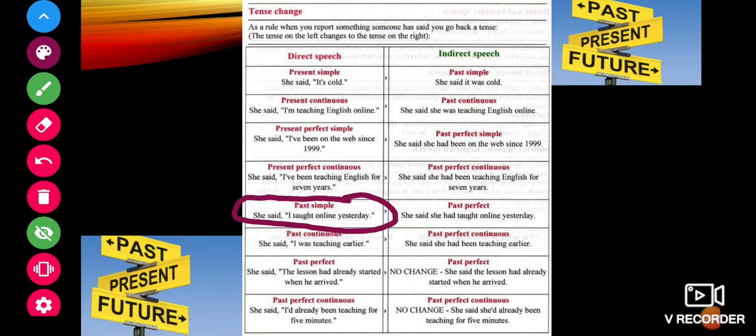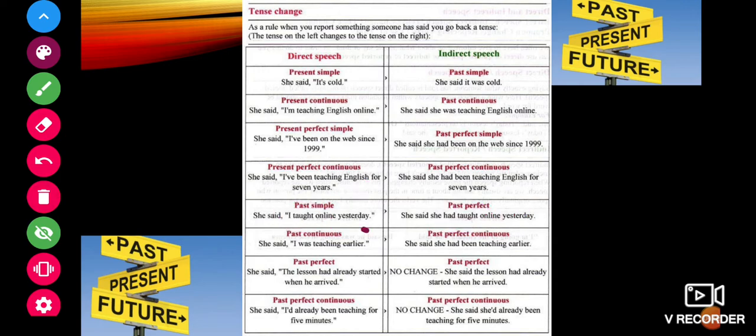In case of past simple, it changes to past perfect. Let us look at the sentence. She said, "I taught online yesterday." Now look at this word taught. It has changed to had taught, because taught is simple past and had taught is past perfect.